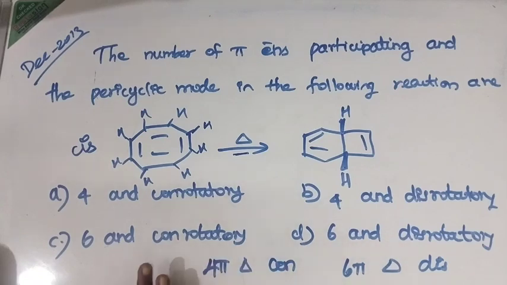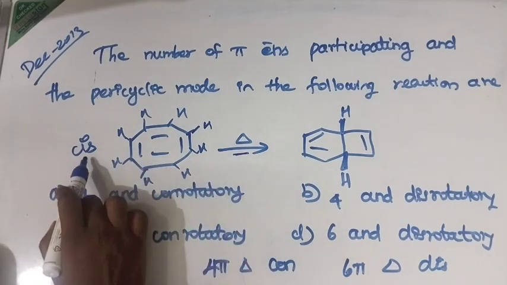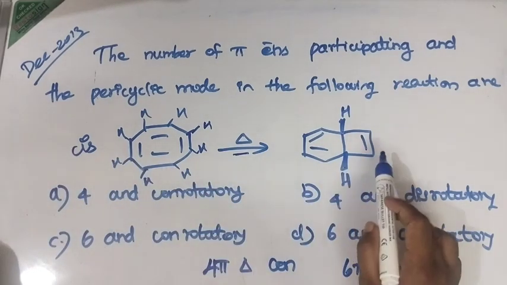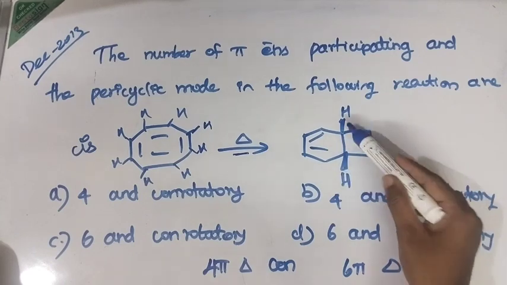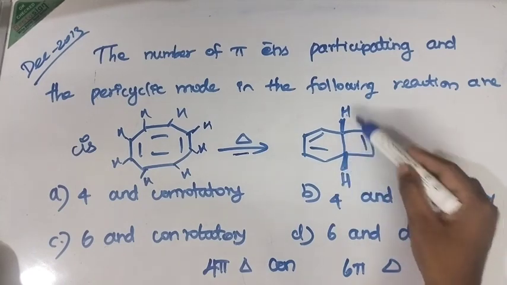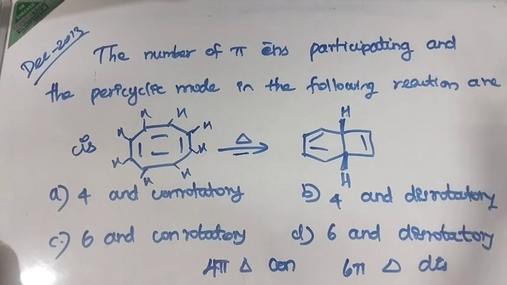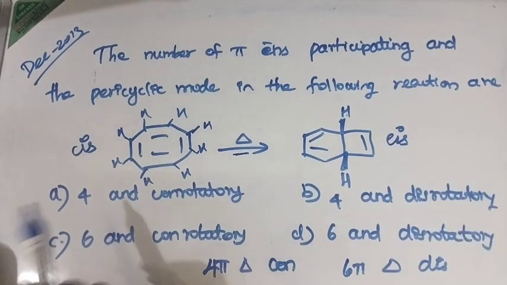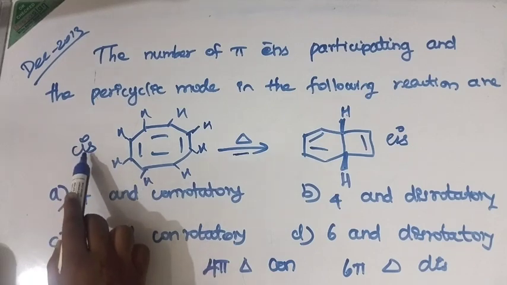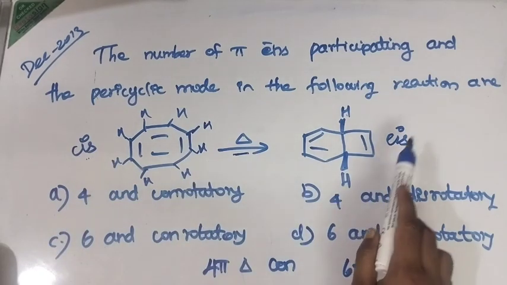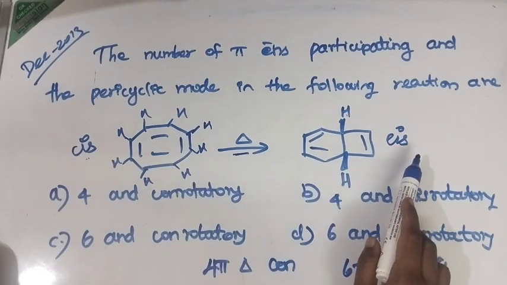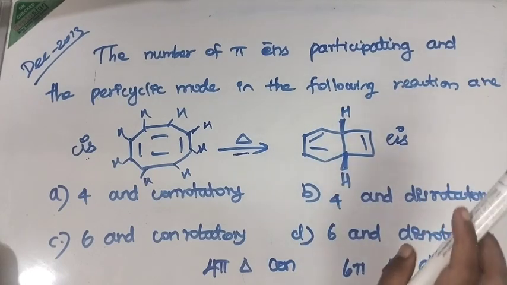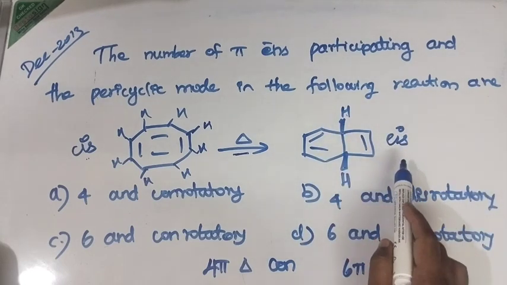Okay. Now see here the reactant is cis configuration. Now look at the product. The product is also in cis configuration, right? The two hydrogens, see, both are above the plane. So here also cis. So what happens here? The reactant has this configuration, the product also has this configuration, which means stereochemistry hasn't changed, right?